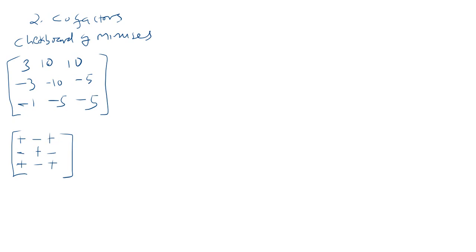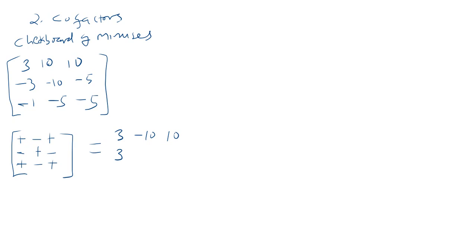So when you do that, the first element is 3, positive. We multiply with our first positive here, we shall get 3. The second one is positive 10. We multiply with negative, we get negative 10. The next one is negative 3. We multiply with the negative. Negative and negative gives us positive, so we shall have 3.